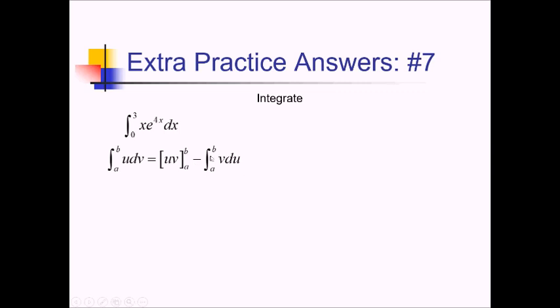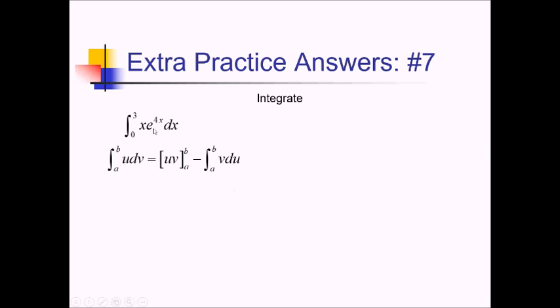So now I have to pick out my u and my dv values to get this set up. For my u value, I've got a choice between this algebraic function x and this exponential function e to the 4x. Using my acronym of LATE to help me sort that out, I know that algebraic comes before exponential, a comes before e. Algebraic's a better choice than exponential for the u value.